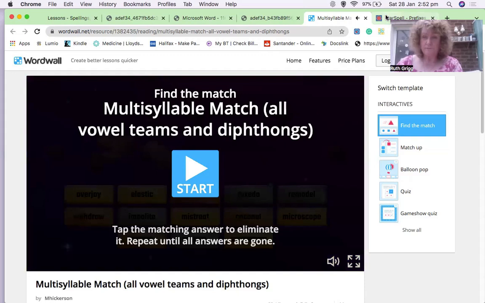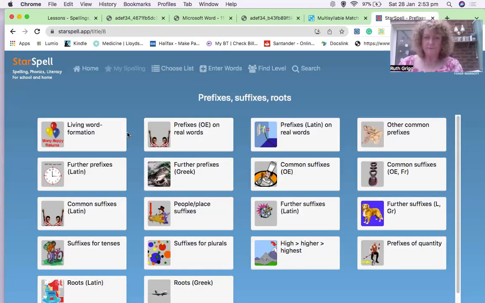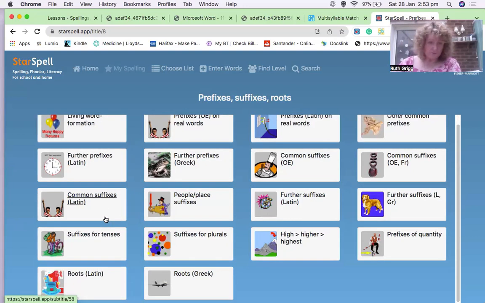Now, this is not so much a game, more of an activity. So this is on Star Spell. This is free to join. So it depends what kind of prefixes you want to look at. So this is prefixes, suffixes, and roots. So that's suffixes, roots.